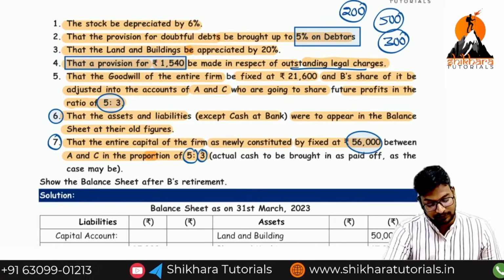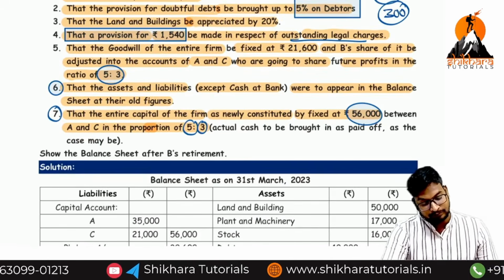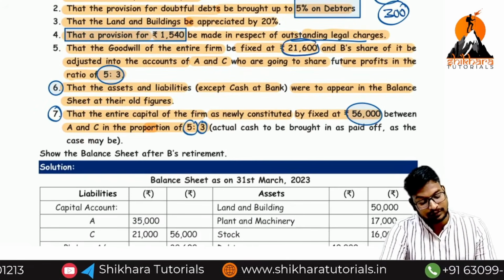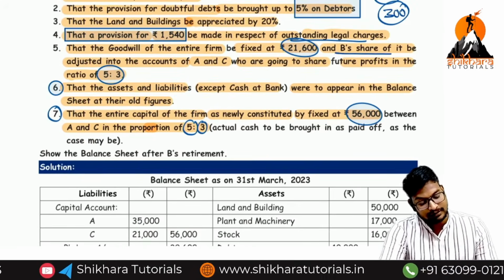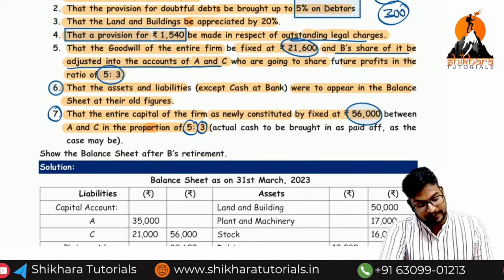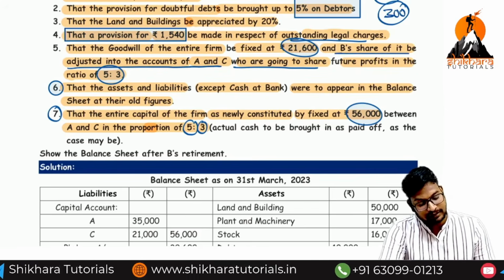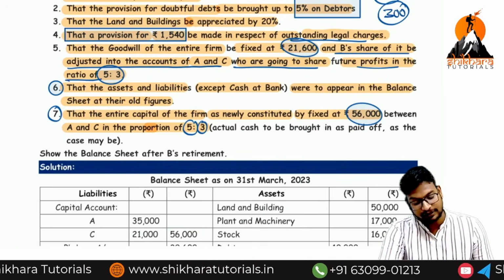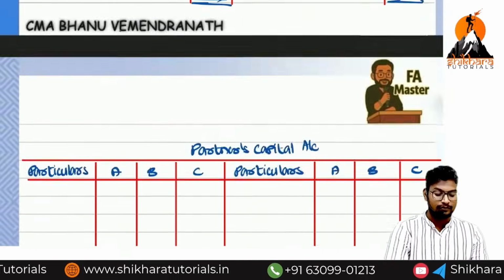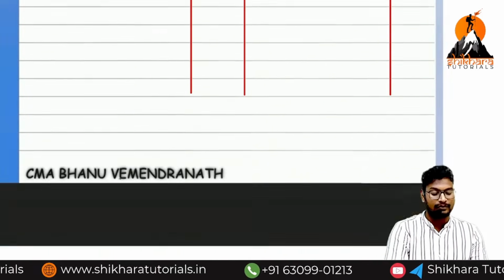See the next point they have given. So the goodwill of the entire firm is equal to how much, Amma? 21,600. B's share of it to be adjusted in the accounts of A and B, who are going to share the profits in the ratio of 5:3. So go to working note number 1. What we need to calculate in working note number 1, Amma?